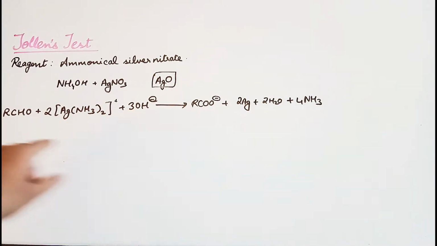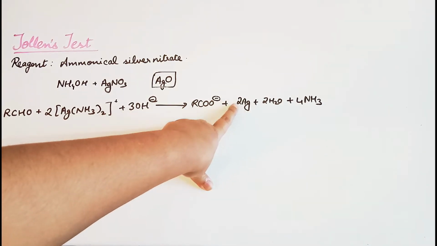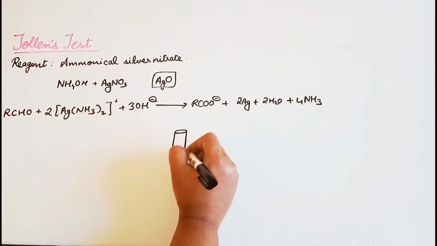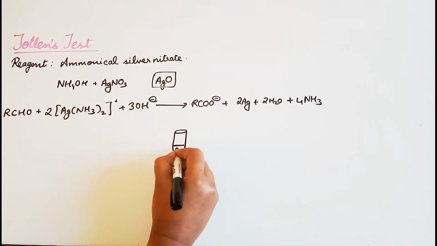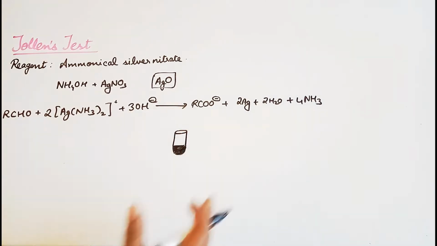Because it is undergoing oxidation, the silver which is formed over here will give a silver mirror. Assuming this is a test tube, there will be a silver mirror on the inner wall of the test tube, and that is how we'll know that the compound has an aldehyde group.